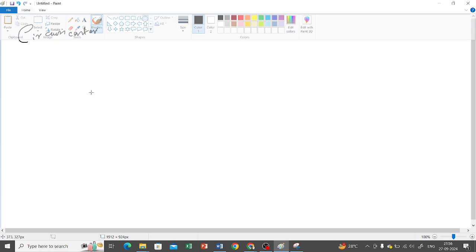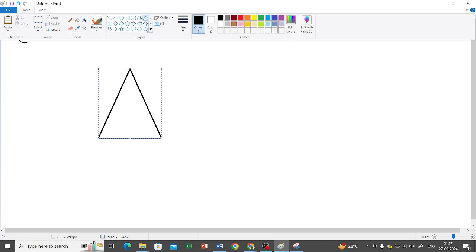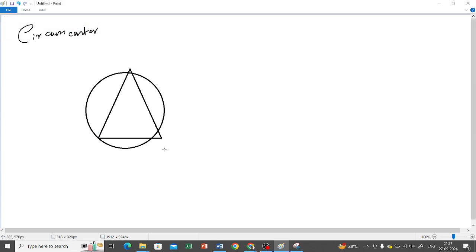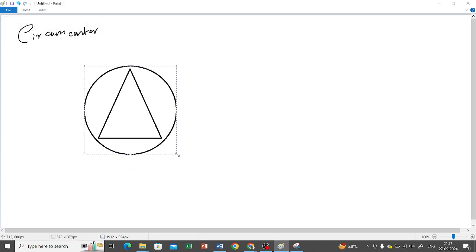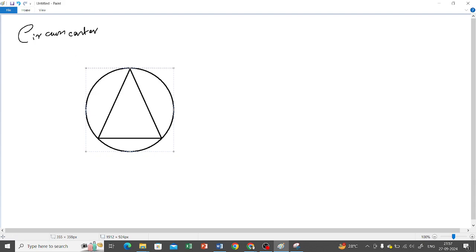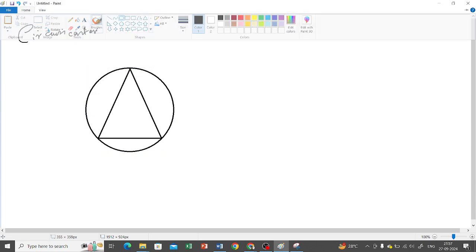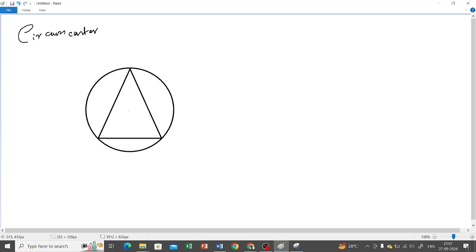First of all, we have a triangle, and this is what we have. The center of this circle is called the circumcenter. But there is another definition as well.